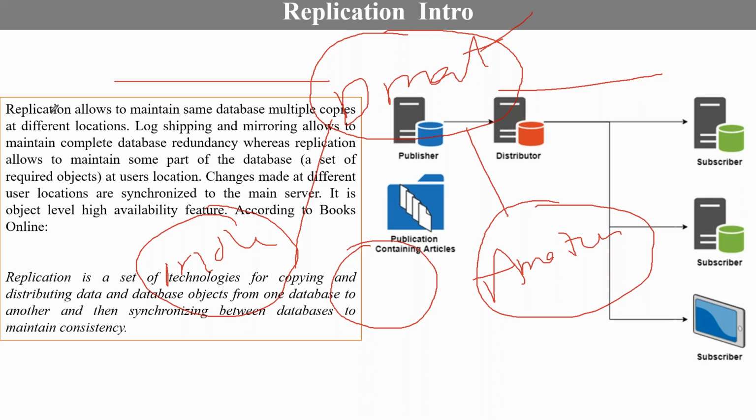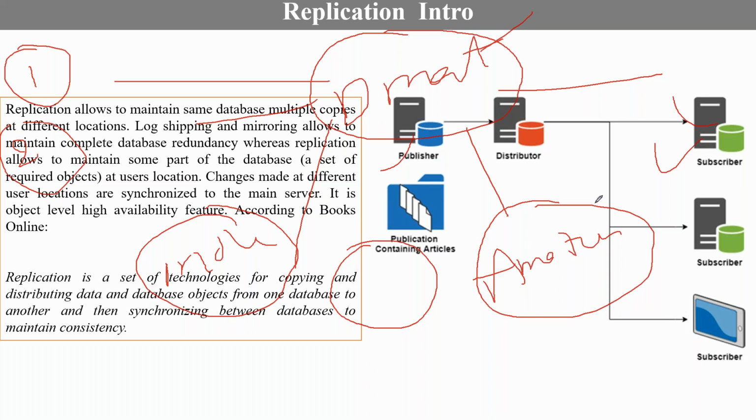Second point, sir. Your publisher can be SQL. Your publisher can be Oracle. Your subscriber can be SQL. Your subscriber can be Oracle. Means you can configure replication between cross domains, Oracle to SQL, SQL to Oracle. Will log shipping support this? No. Will mirroring support it?